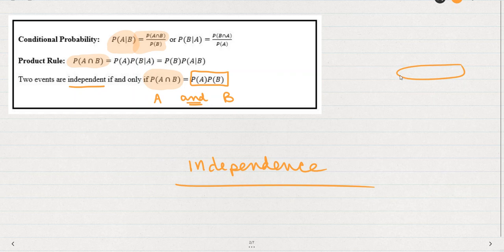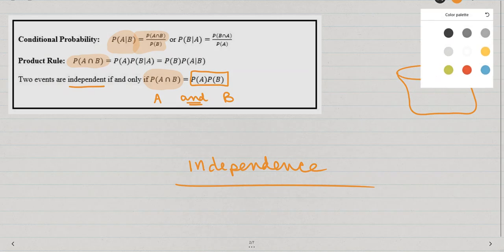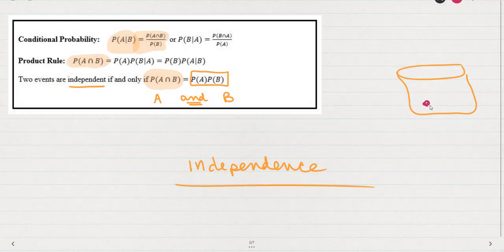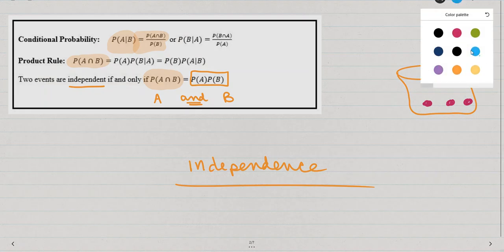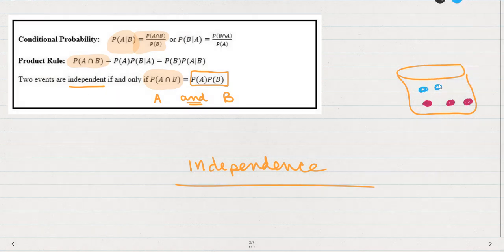But for two events that are not independent of one another, let's say that you have this glass jar or glass bowl with some marbles, and it looks like we've got 3 red marbles and 2 blue marbles, and you reach in to take a marble out and you get that blue one.